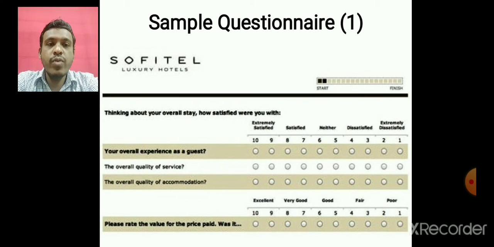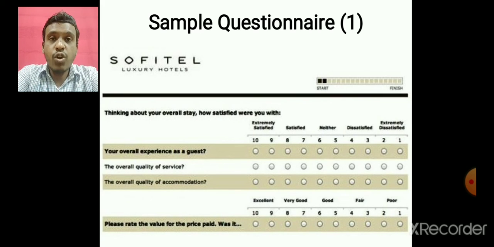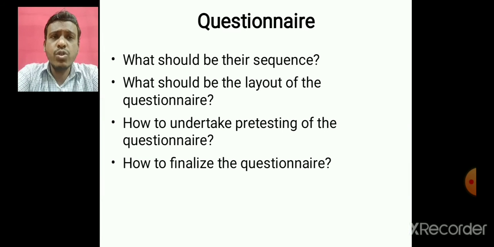For the next 2 questions the options are different, but for the following 2 questions the options remain the same. So we have standardized options. Standardization is very important so that the customer does not feel confused.